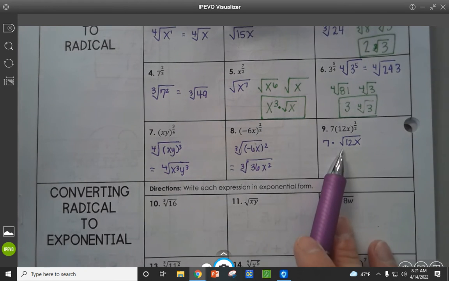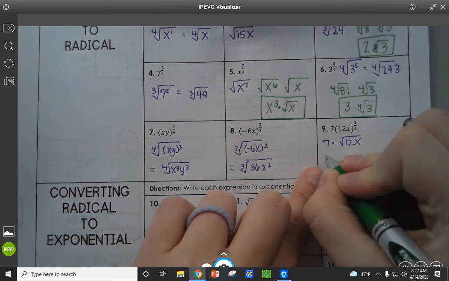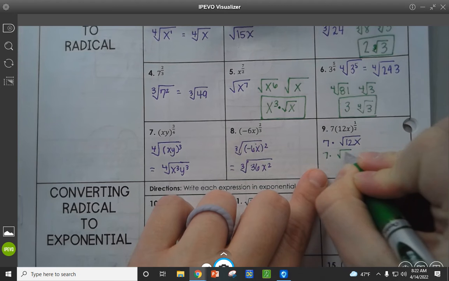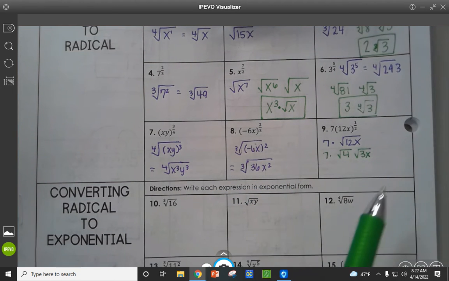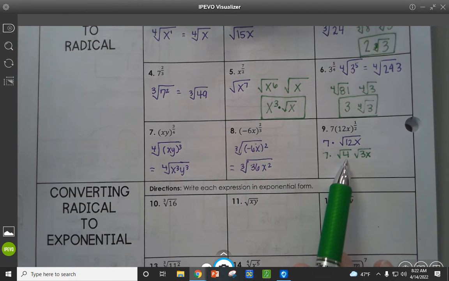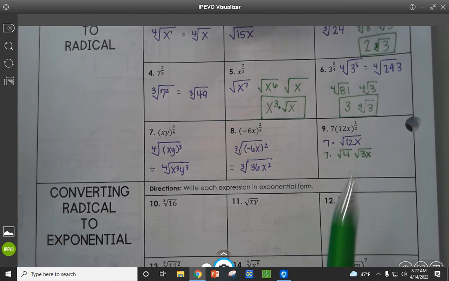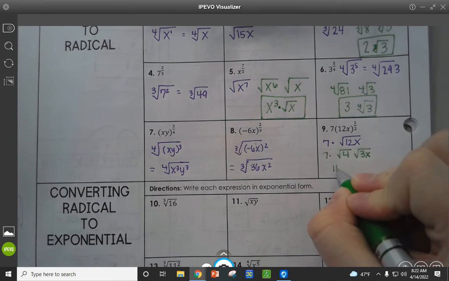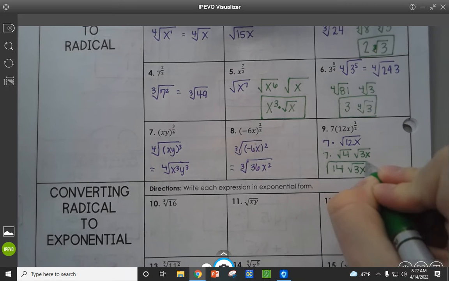Is there a perfect square that will go into 12? 4. So I'm going to break this one down: 4, and then I'm left with 3x. What is the square root of 4? 2. So 7 times 2 is 14, square root of 3x.